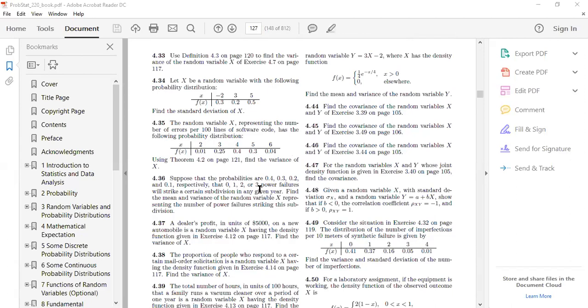There are some examples I would like to consider over here. Example number 4.35. Not a big deal, simple example is there.